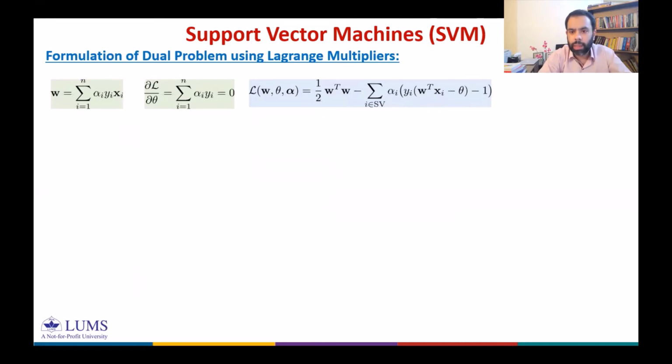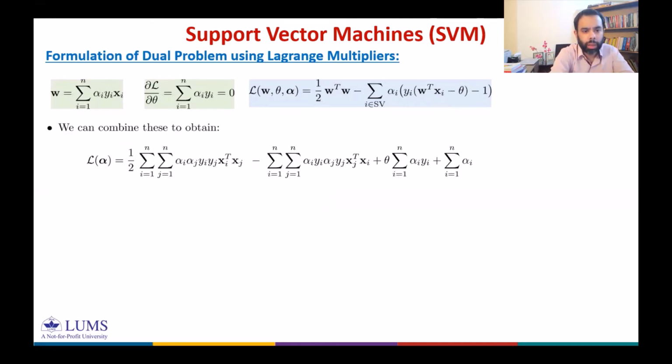If we combine these three, instead of W, I've substituted this here, and also here. And I have also used the fact that the sum over all data points of alpha i, yi is equal to 0, so this would be 0.